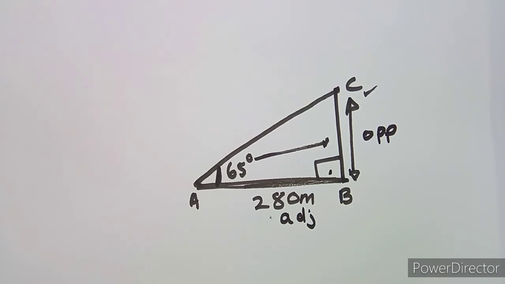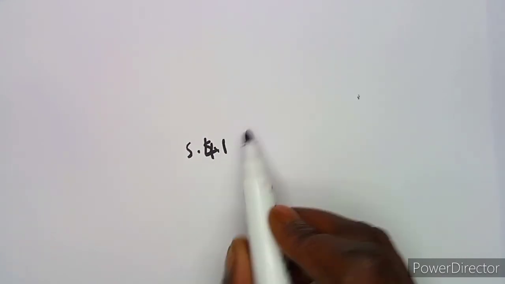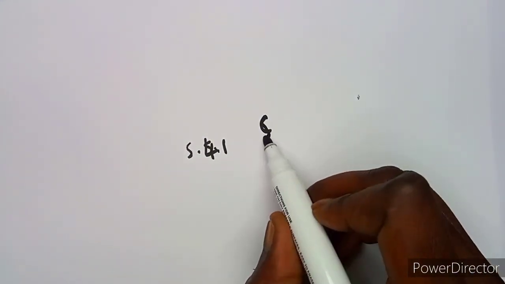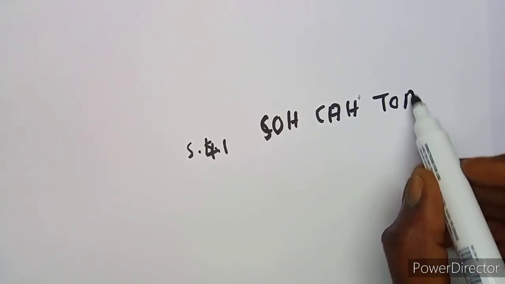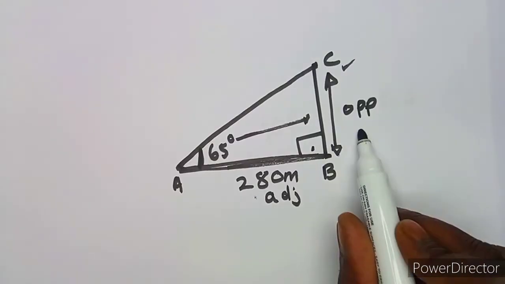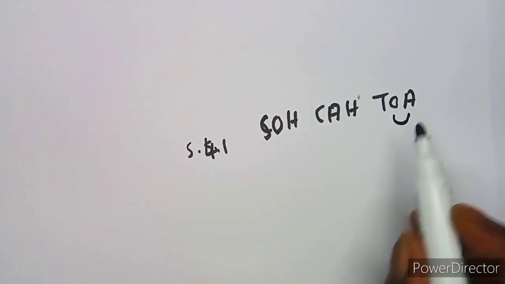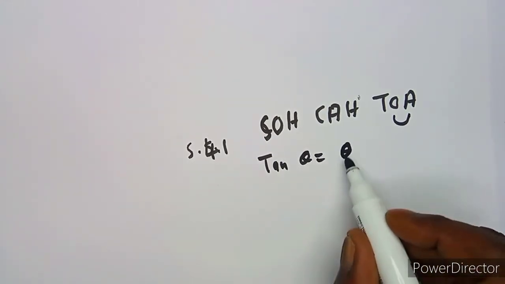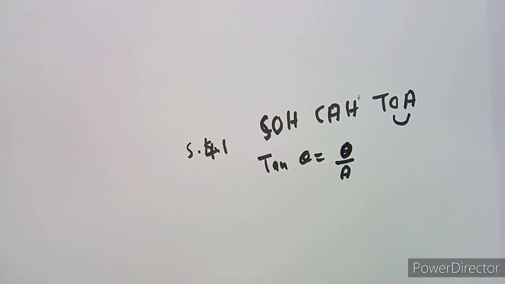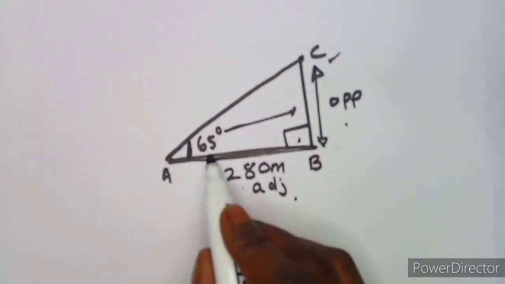There is only one ratio which uses opposite and adjacent, so you just need to locate that ratio from the mnemonic SOHCAHTOA. It is tan. So tan theta is equal to opposite over adjacent. Your theta in this case is 65.